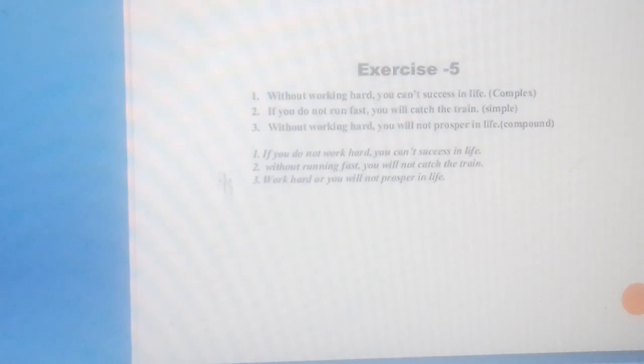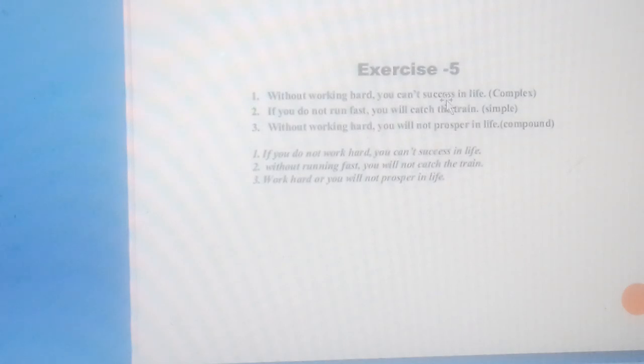Next one, "Without working hard, you can't succeed in life." It's a simple sentence. Now our turn is to make it complex. And complex would be, "If you do not work hard, you can't succeed in life."